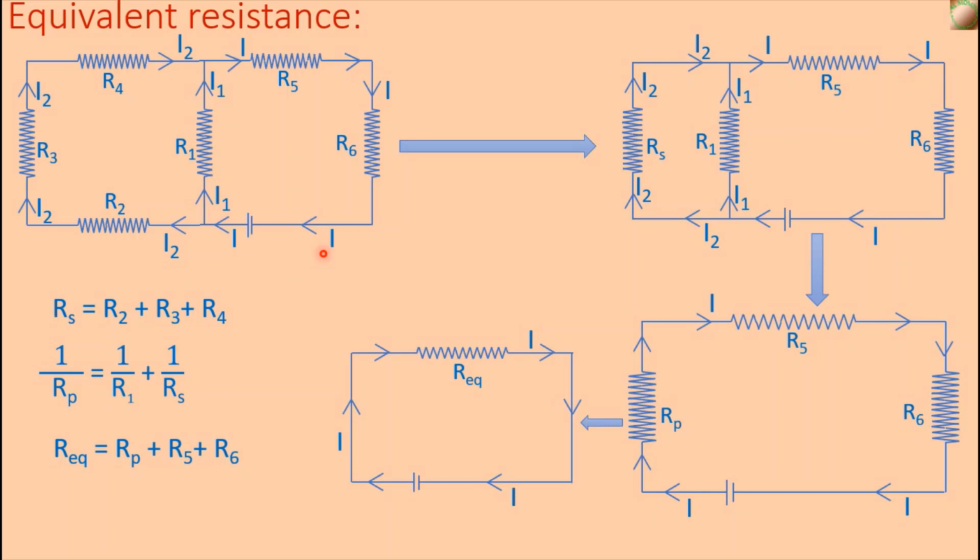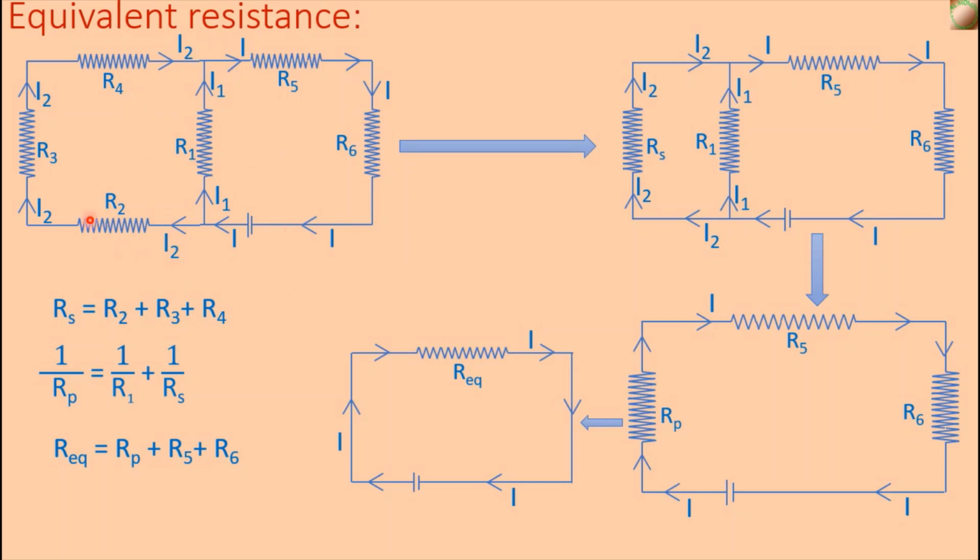If we replace all these resistances by Req, then the same current I is flowing through this circuit. That is, Req is the equivalent of all these resistances. In this way, we can easily determine the equivalent resistance of this complex circuit. Here we have to calculate part by part.